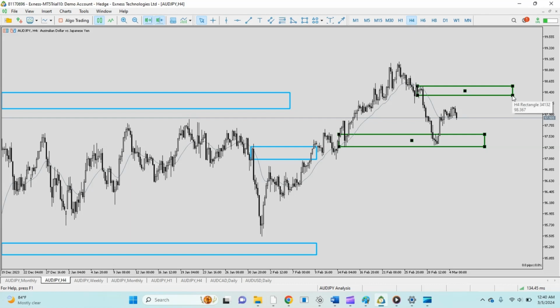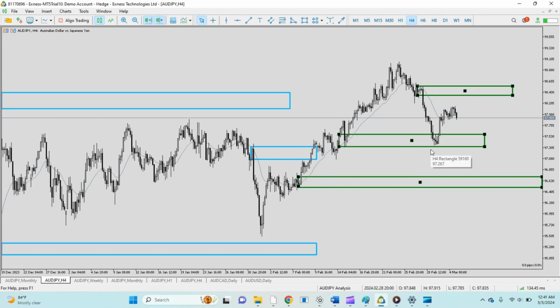So we are going to be waiting for price to approach these demand areas. This should be a liquidity grab. So we are going to be waiting for price to come to this area after grabbing the liquidity here.